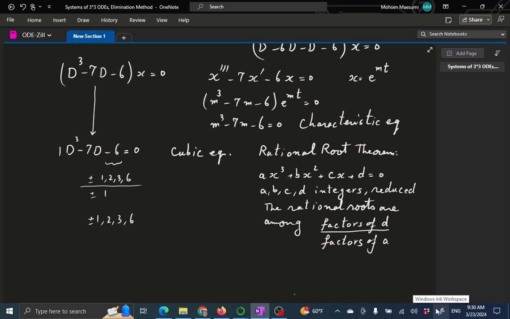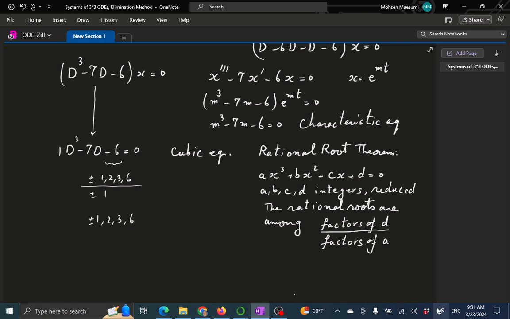So the rational root theorem says if this happens to have a rational root, the only roots it could have would be one of these. However, if it doesn't have rational roots, or there are some roots that are not rational, we don't have anything to say about that right now. This is just for the simple case that there is a rational root.